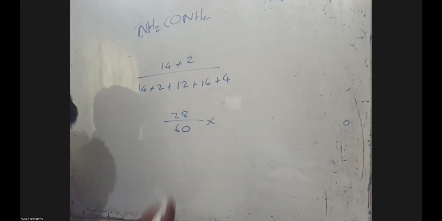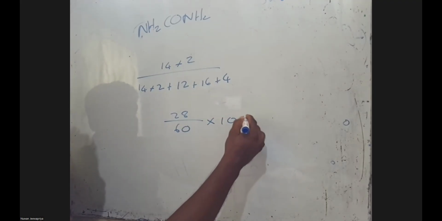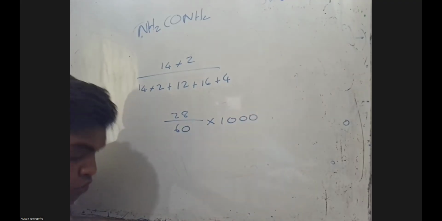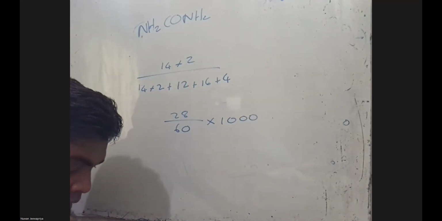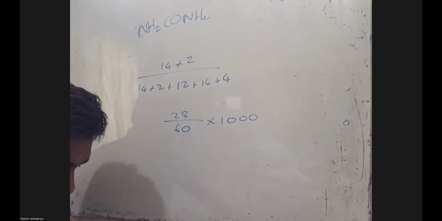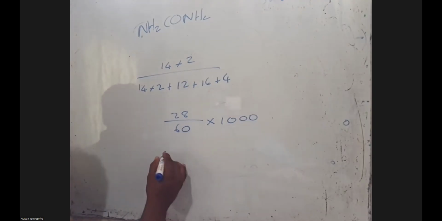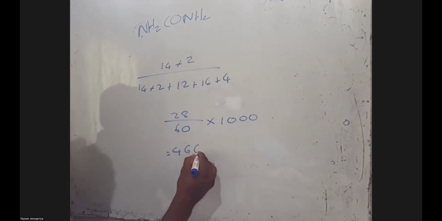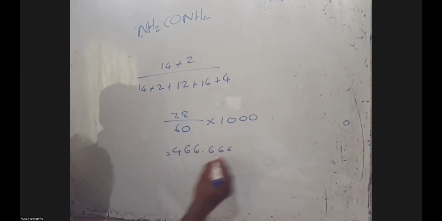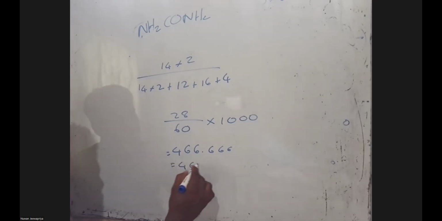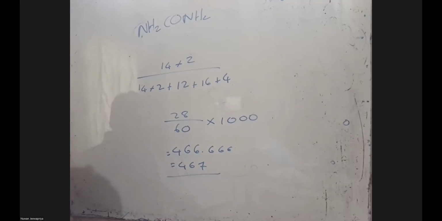So what about 1 kilogram? 1 kilogram is 1000 grams. So it should be 28 divided by 60 multiplied by 1000. The answer I got is 466.666, so we can round it off and say it is 467. The answer is B. I guess you understood how to get the answer for that.